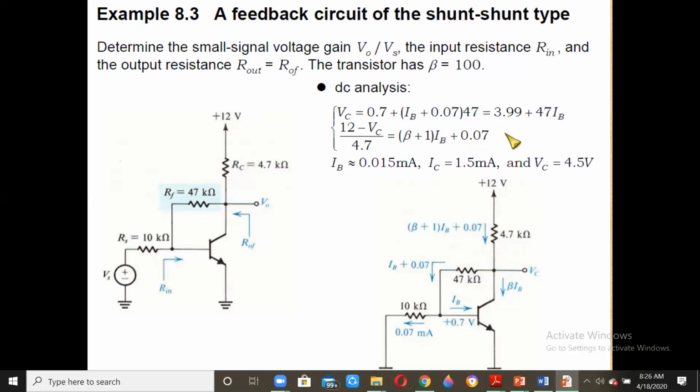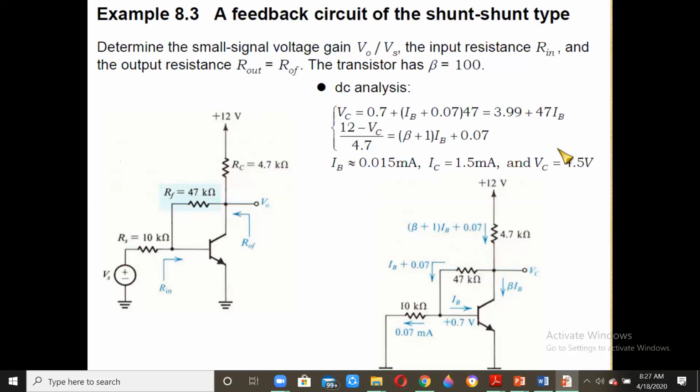The best way is to get IB from the first equation as (VC minus 3.99) by 47, and substitute that here. Solving the equation in VC, we get 4.5 volts.